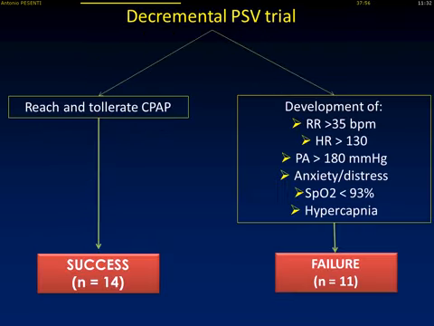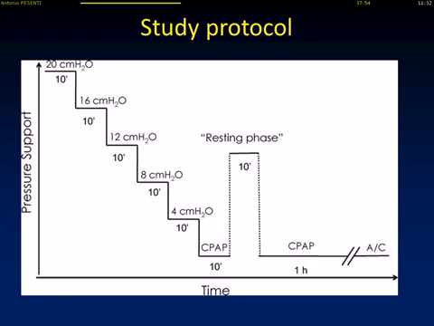But I think there is something behind it that we should consider, and we should look at it in a different way. We did an experiment going down from 20 centimeters of water to CPAP and measuring oxygen consumption. It's more tricky than that because you need to randomize, but I don't care about the experiment.